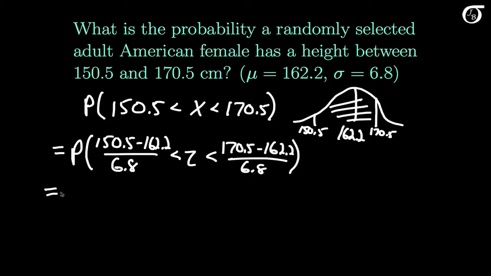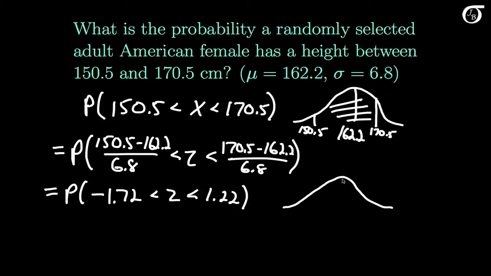This works out to the probability that the random variable z takes on a value between minus 1.72 and 1.22. And that is simply the area between those two values under the standard normal curve.